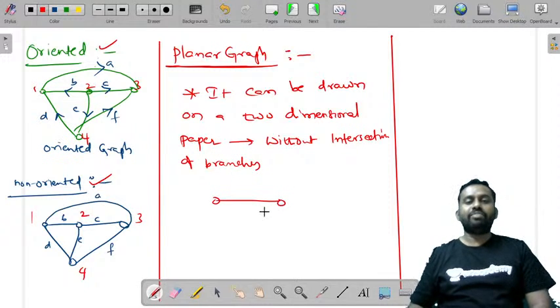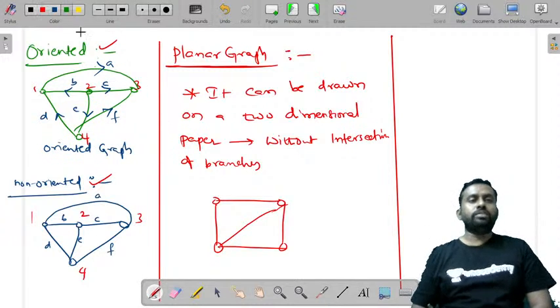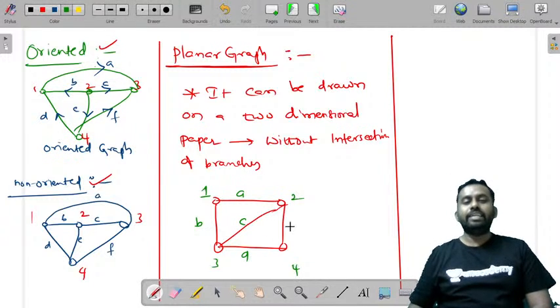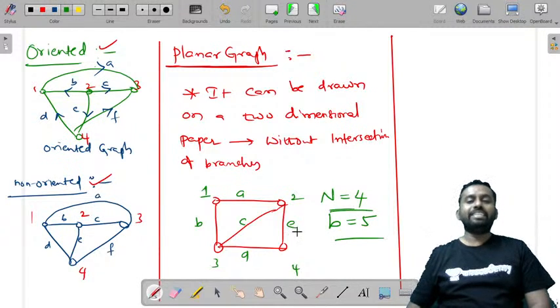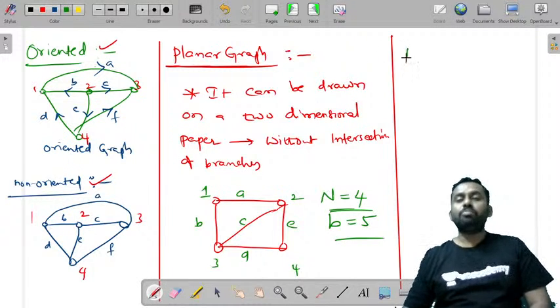Let us say you have a graph like this. In this graph you have 1, 2, 3, 4 nodes, and a, b, c, d, e branches. Number of nodes is equal to 4. Number of branches is equal to 5. Do you have any intersection of these? No.